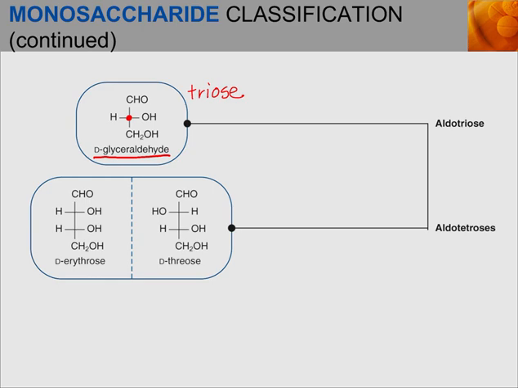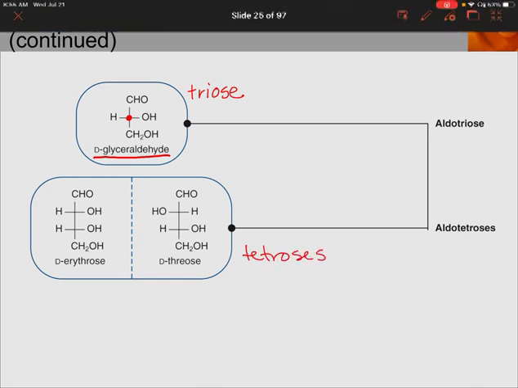So now we have the tetroses. And notice that when we add another carbon on, we're going to see two more isomers because we could either have the OH on the right or the left when we add that extra carbon into the chain.